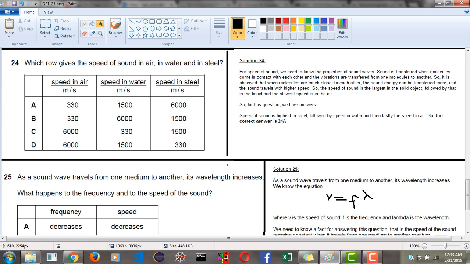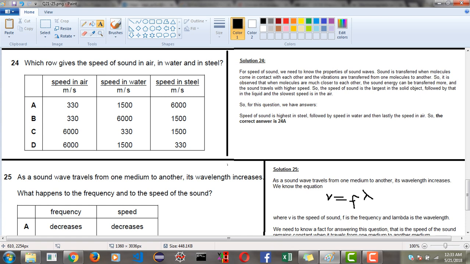Sound is transferred when molecules come in contact with one another. So the molecule is vibrating and it comes in contact with another molecule, and it gives some of its energy to that molecule, and this process continues up to a certain point. In this way, a sound wave travels.